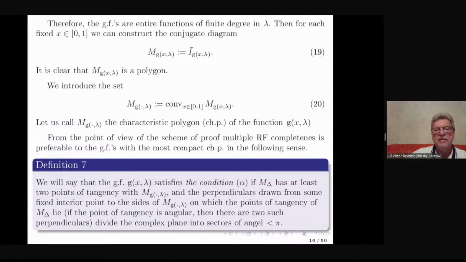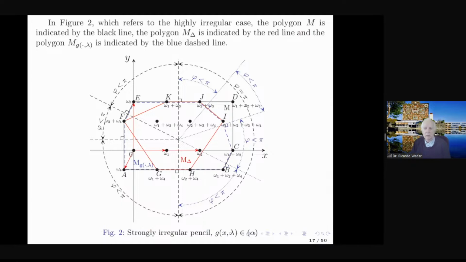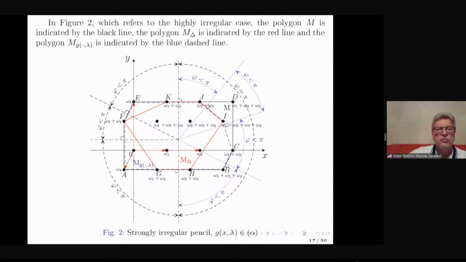Divide the complex plane into sections of angle less than pi. In figure 2, we can see an example which refers to the strongly irregular pencil.